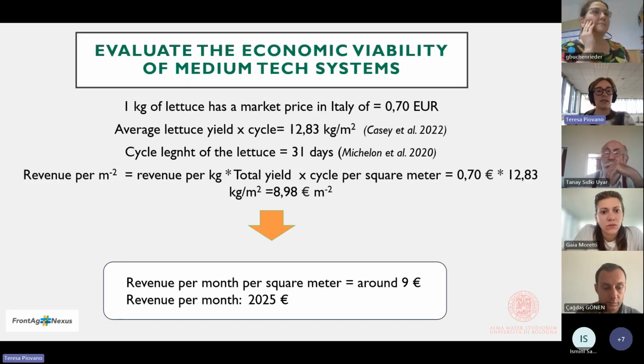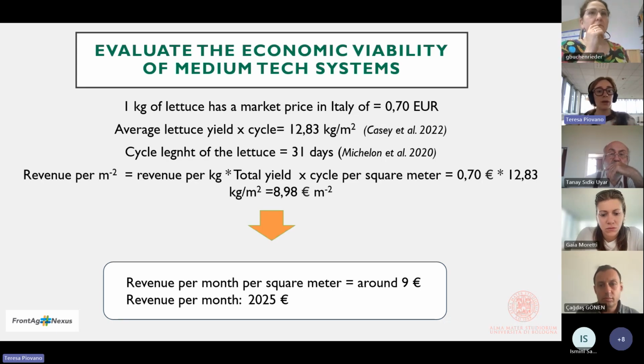So this is another example that I applied to Italy, but it can be applied to every country. I know from the website that the average market price in Italy for 1 kilogram of lettuce is around 70 cents.